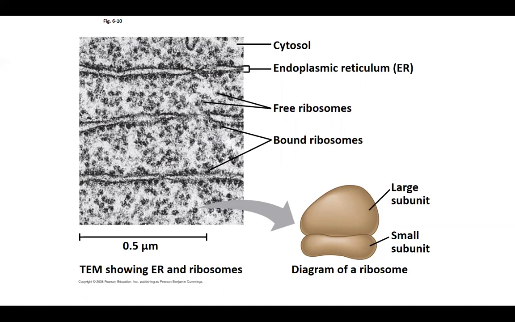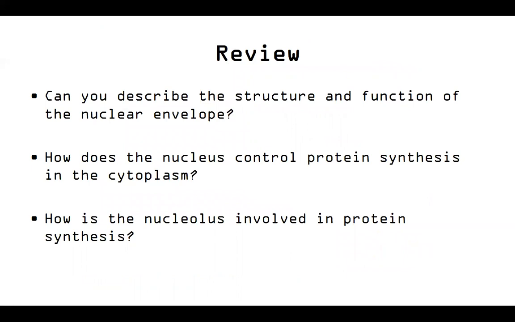So once you've finished this, you should be able to generally describe the structure and function of the nuclear envelope, talking about things like the nuclear pore, these double membranes with the space between and how it's connected to the rough ER. We should understand how the nucleus is connected to protein synthesis in the cytoplasm.